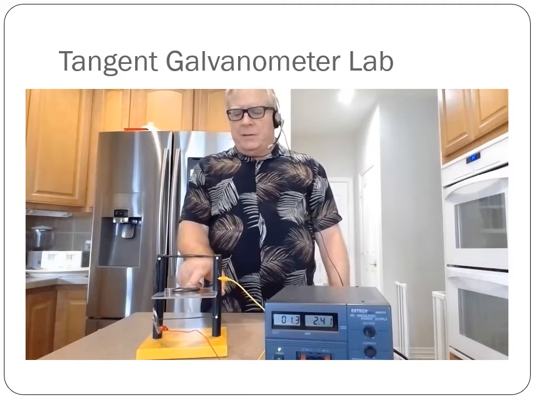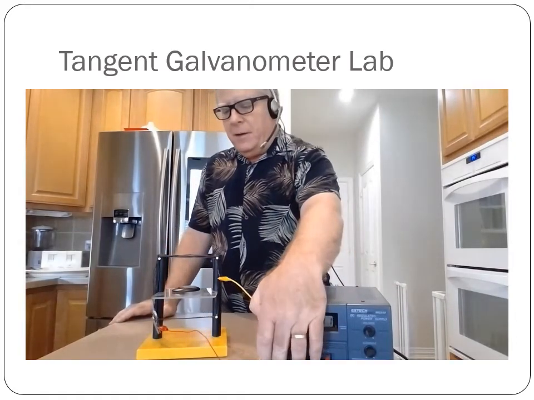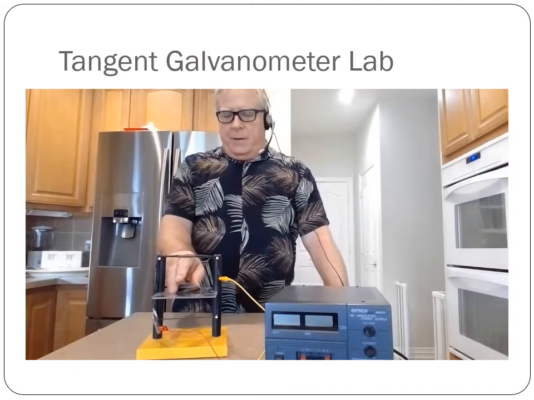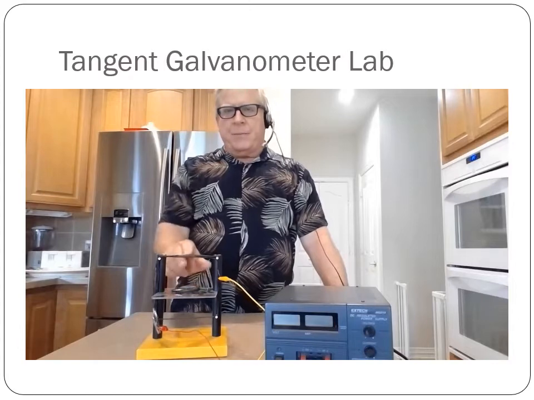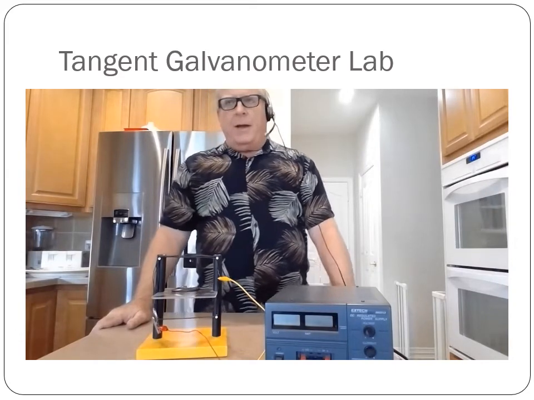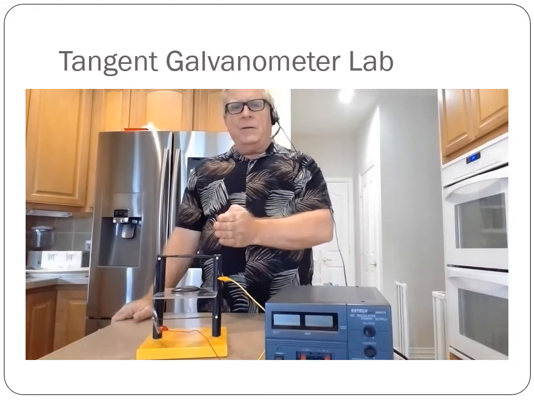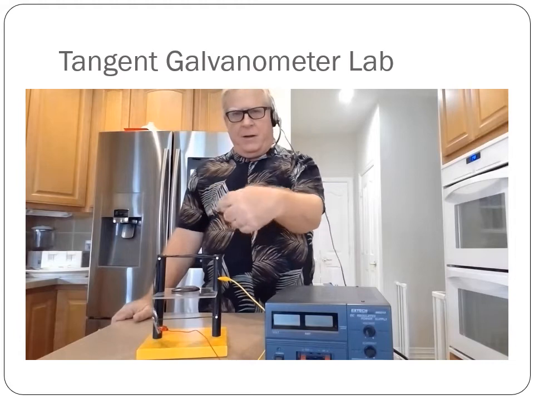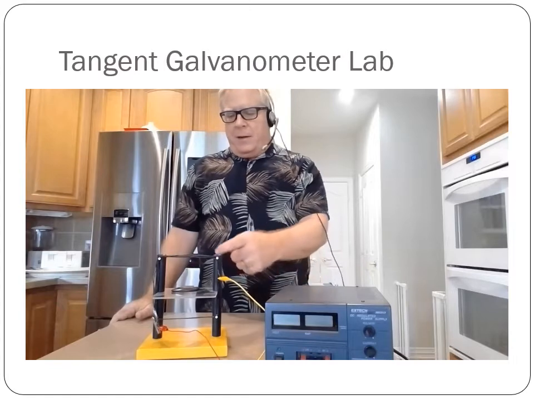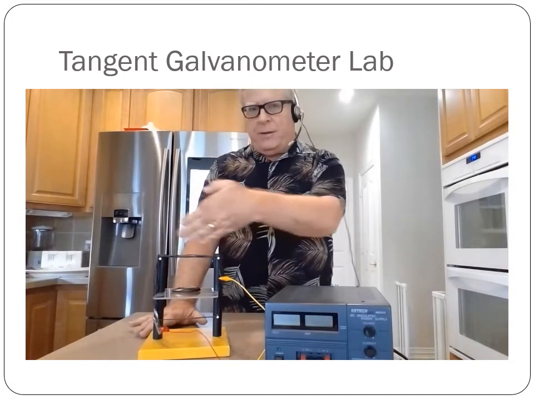Now, when we're doing this, I'm going to have my compass placed in the middle of my tangent galvanometer, and we're going to detect the magnetic field of the coil by taking the net deflection that we get from the magnetic field's deflection, which in a coil of wire like this should be basically straight out of the frame, and then the magnetic field of the Earth, which I have aligned with the plane of the frame.